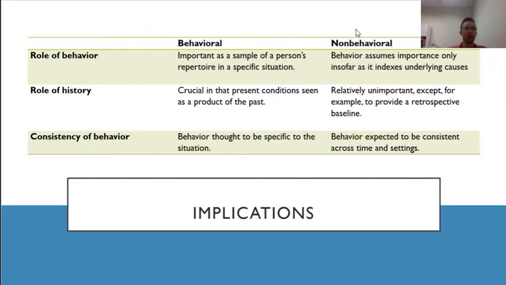Okay, so non-behavioral implications and behavioral implications across these dimensions: what role the behavior plays in the assessment, the role of history in the assessment, and the consistency of behavior. Right? So non-behavioral assumes importance of behavior only so far as it indexes, or let's say is a measurement of or indicative of some underlying causes for the learning problem or the behavior.